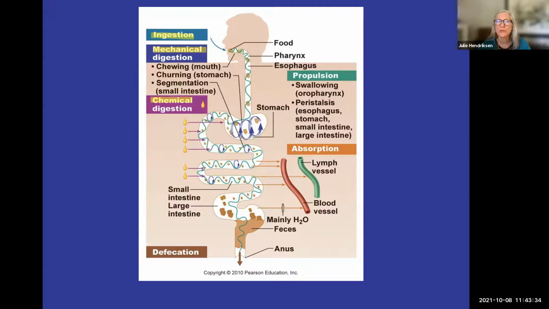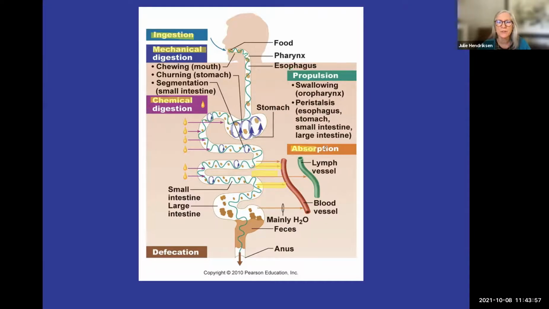As the food is pushed through, it's going to be squeezed and pushed, and that is a type of mechanical digestion. Chemical digestion, of course, has to occur for us to take the material into our bloodstream, and that's what's shown over here, as we see these arrows demonstrating the movement of our nutrients into our bloodstream.